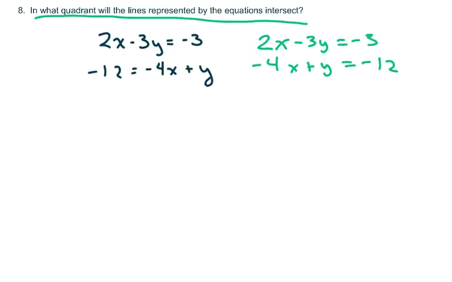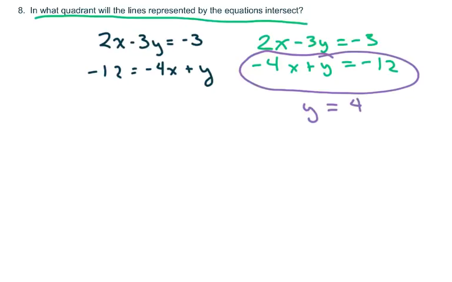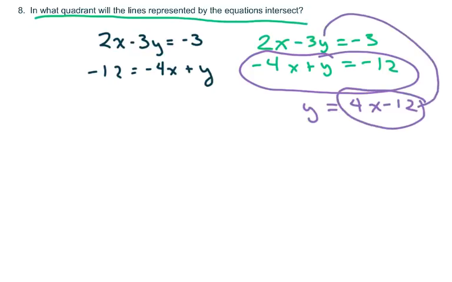So I'm going to go ahead and solve for y on one of these. If I solve for y here, you could either use elimination or substitution. If I solve for y, I get y equals 4x minus 12, and I'm going to substitute this into this equation here.